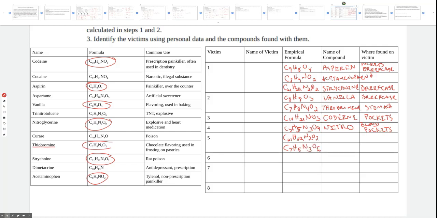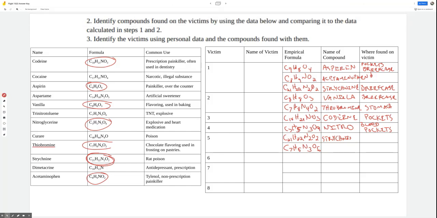So C21H22, we've actually seen that one before. That's the strychnine. And it was found in this victim's blood.